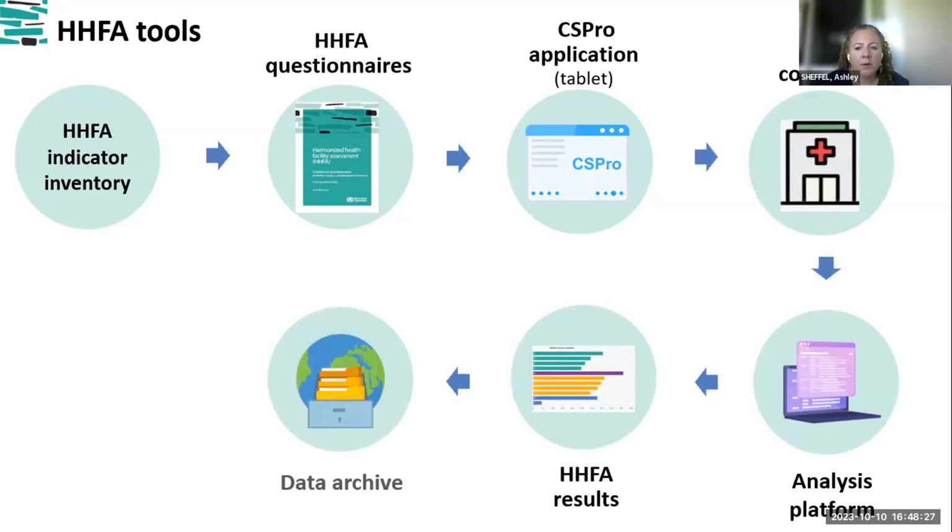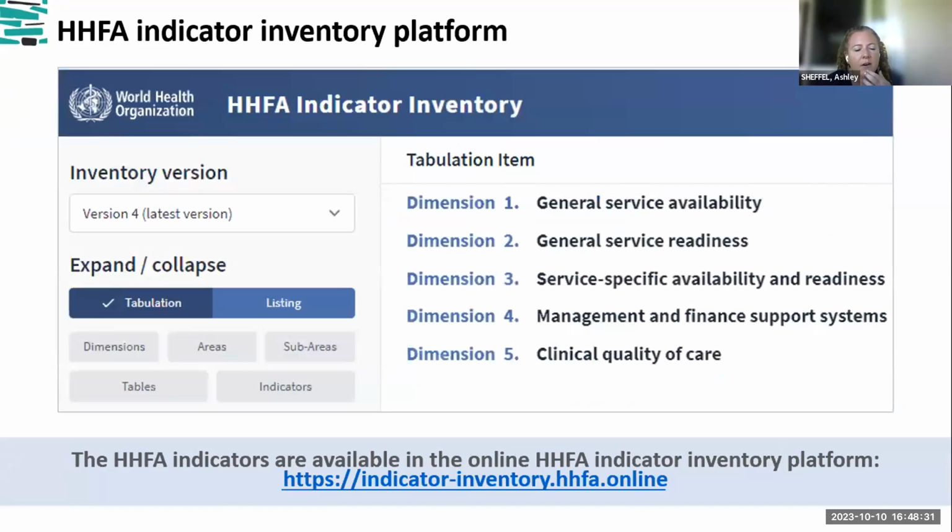So I'm going to provide a little bit more detail on each of the tools, starting with the indicator inventory platform. As I mentioned, this indicator inventory platform is available online. The link is shown here, and it displays all of the indicators that can be calculated from the HHFA.